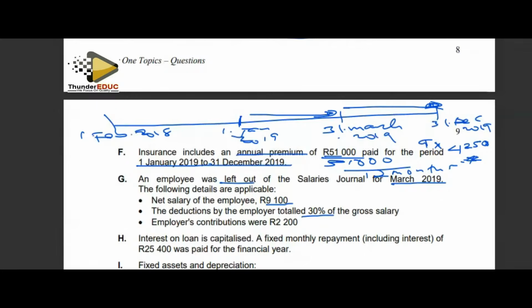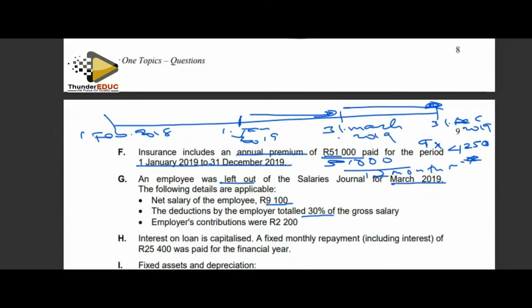Then I can multiply by the number of months which are paid in advance. Then we can remove the full amount. So when we multiply times 9 months, we get 38,250. So it means that 38,250 was paid in advance.